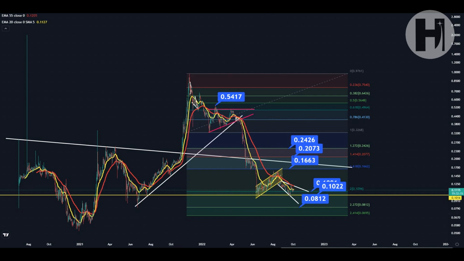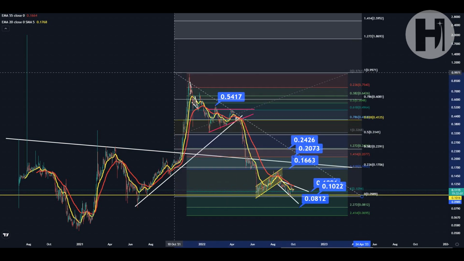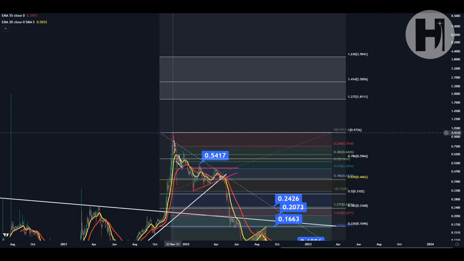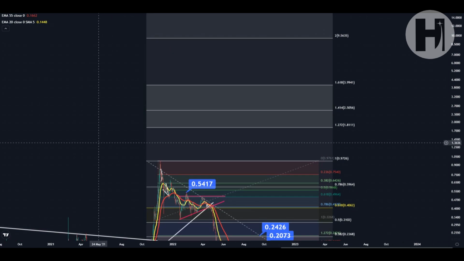And just as an experiment, let's take the low here of this bear market, and let's say that this is the low and we're not going to go any lower. Okay, so our low is over here just at 10 cents, and our swing high is going to be the all-time high in November at 97.5 cents.